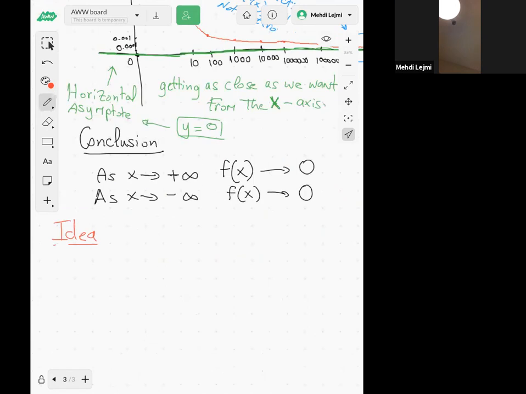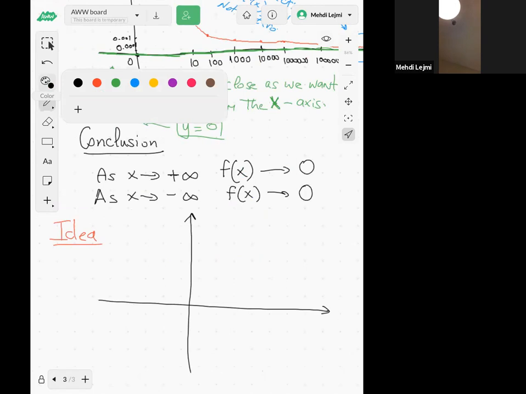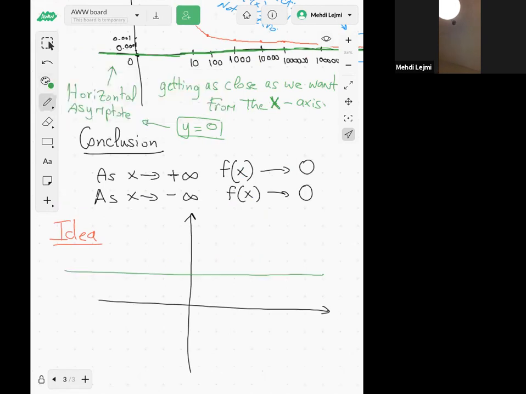You have your graph. This is the x-axis, this is your y-axis, and this green line is your horizontal asymptote.